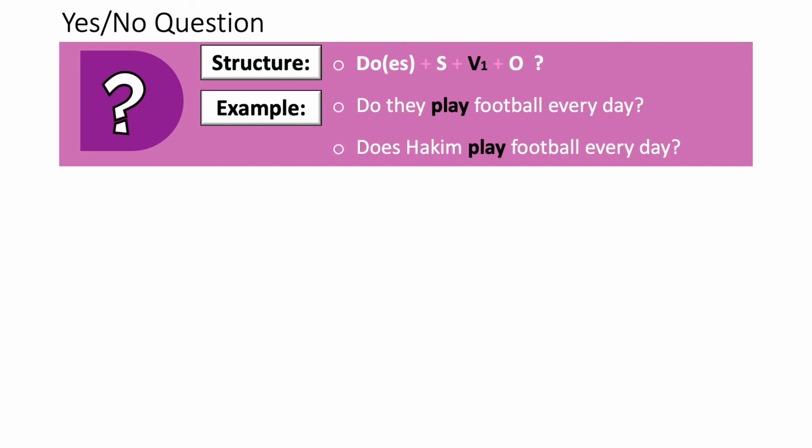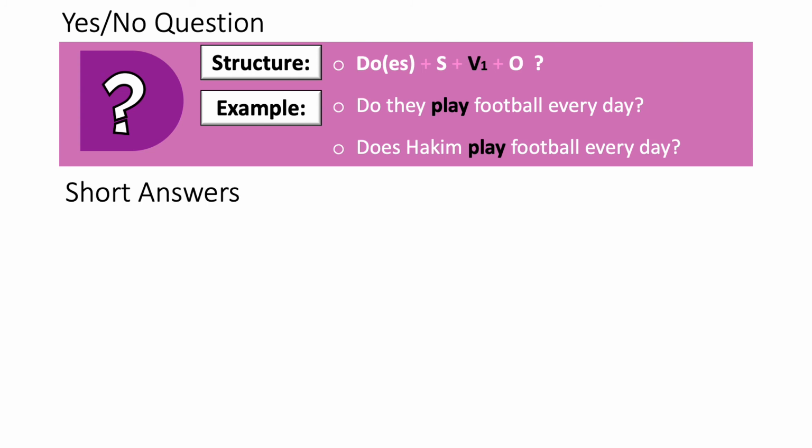Does Hakim play football every day? Notice that again, as with the negative sentences, the verb is always in the base form. However, the verb do or does will come before the subject. If the subject is singular, he, she, or it, we use does. And when the subject is plural, I, you, we, they, we use the verb do.